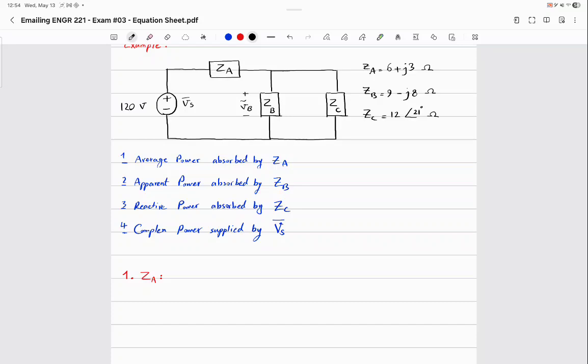How? And yeah, that's a good idea. So you want to do voltage division between ZA and the combination of ZB and ZC, right? That's one way to do it. Perfect. No problem. What's the other method that you can use?